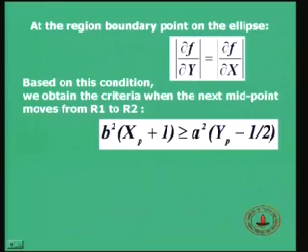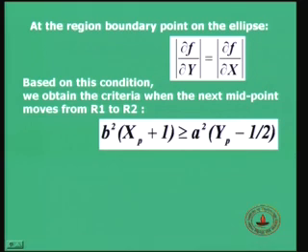So this is the condition which we will use, and based on this condition we obtain the criterion for when the next midpoint moves from region R1 to R2. If xp, yp is the point or pixel chosen at any given stage of iteration, the next midpoint will be xp plus 1, yp minus half, because we are going to the right by 1 along the x direction and minus half in the y direction, since the choice has been between, remember, east and southeast in region 1.